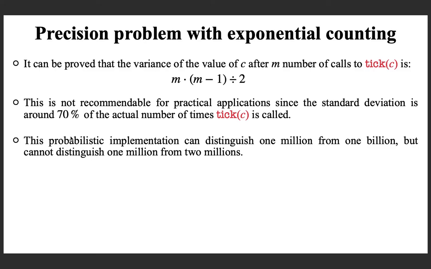For instance, this probabilistic implementation, the second one, can distinguish 1 million from 1 billion, 10 to the power 6 and 10 to the power 9. But it cannot differentiate between 1 million and 2 million.